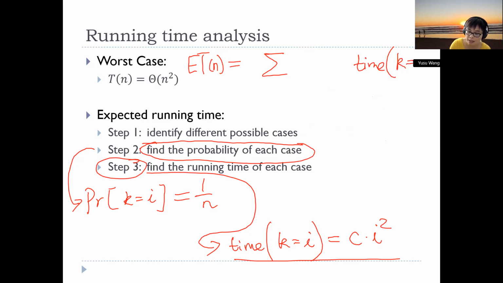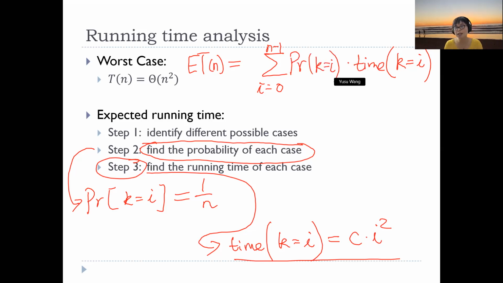In this case, k could be equal to i, and i could go from 1 to n. Each number is equally likely, times the probability that this is happening. By expectation, we are summing up the running times of all the possible cases, weighted by the chance they are happening.